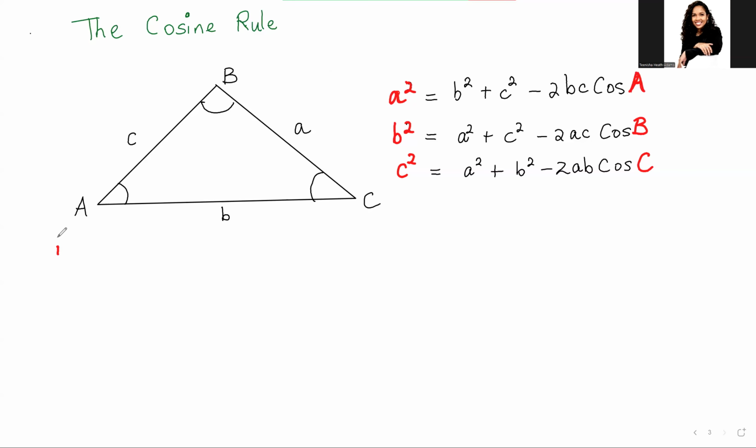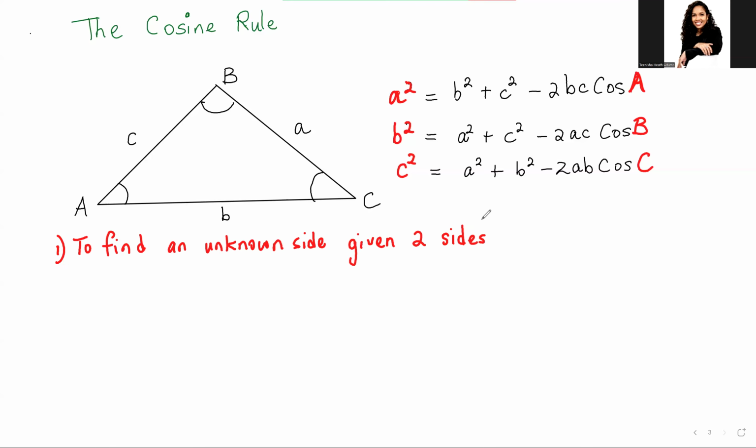So the first instance when you can use the cos rule is to find an unknown side or missing side given two sides and the included angle. The included angle would be the angle that is in between the two given sides.